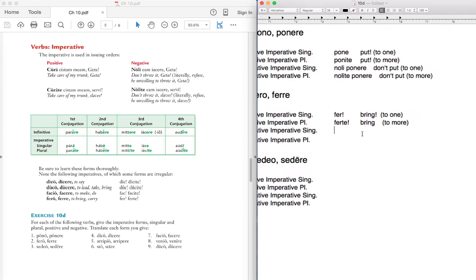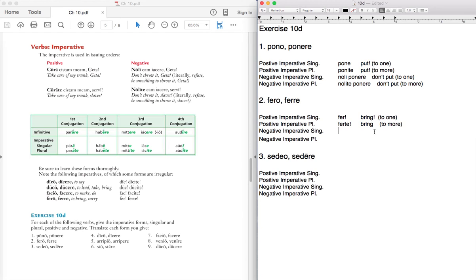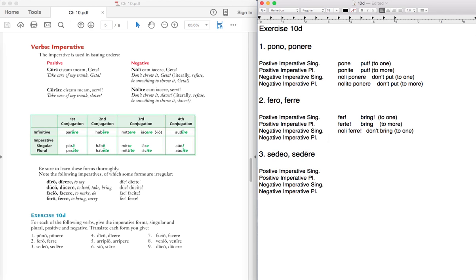So here we just say noli ferre. Don't bring, to one. And nolite ferre. Don't bring, to more than one.